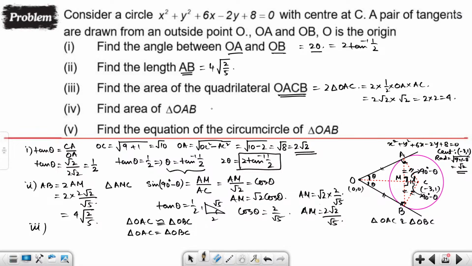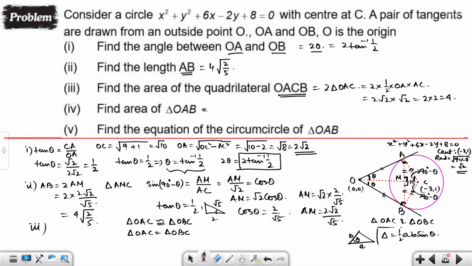See this one. The area of triangle OAB can be written using the properties of triangle. Those who don't know, please listen carefully. In a triangle, let us say this angle is theta, and the lengths of the sides holding this angle are A and B. Then the area of this triangle will be half AB sine theta.